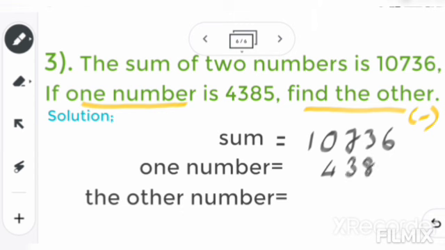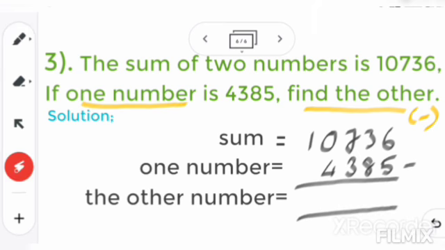Sum is the 5-digit number. So arrange it carefully. Then you have to minus to find the other number. Okay, so here you have to be careful. This is a 5-digit number, this is a 4-digit number. So don't arrange from the left side, you have to arrange from the right side. This is the way you have to do the calculation. Okay, so this I have given and you can do the answer by yourself.